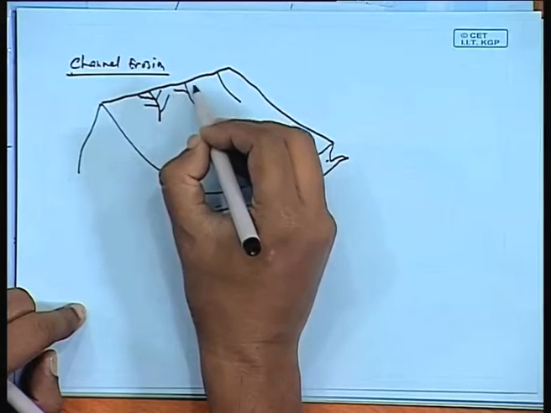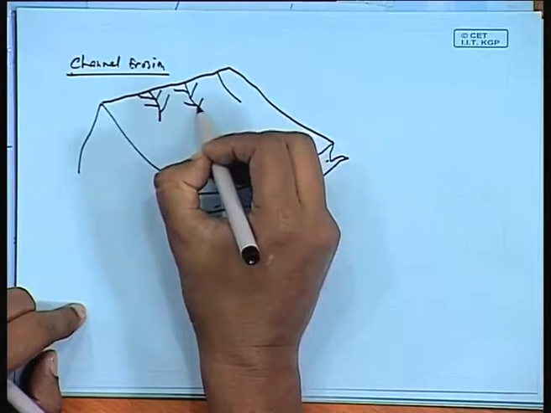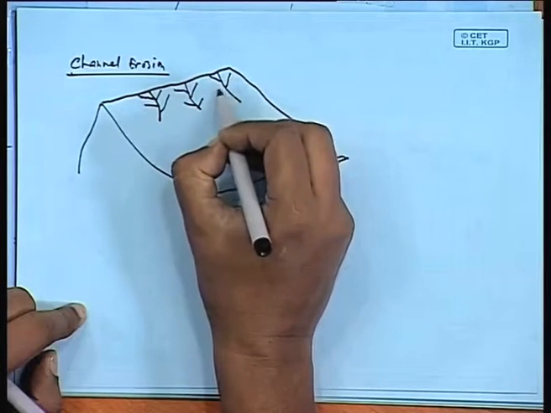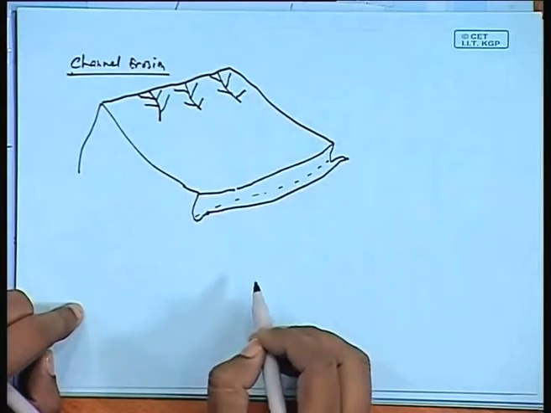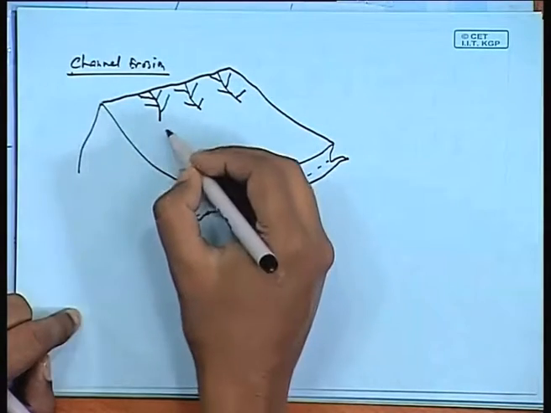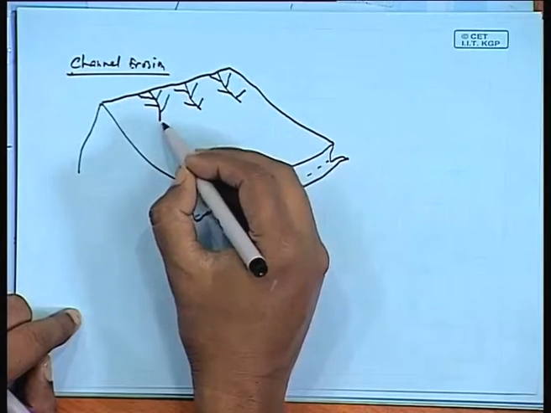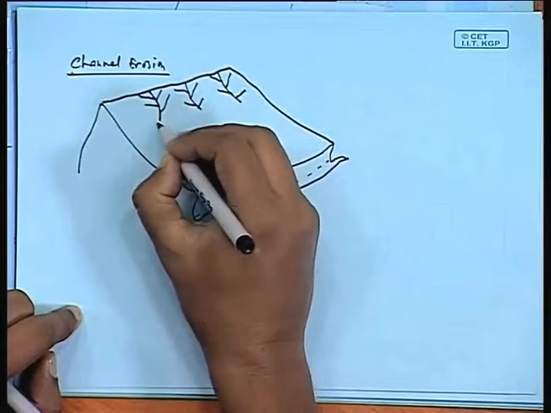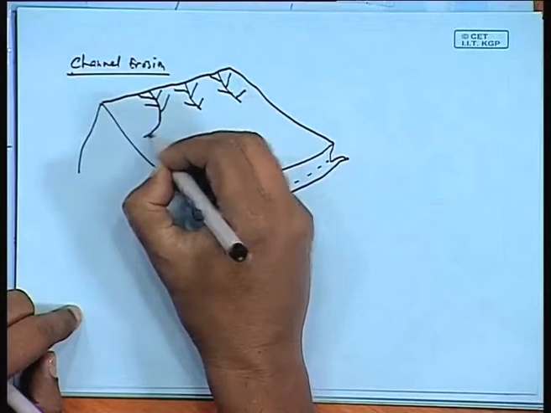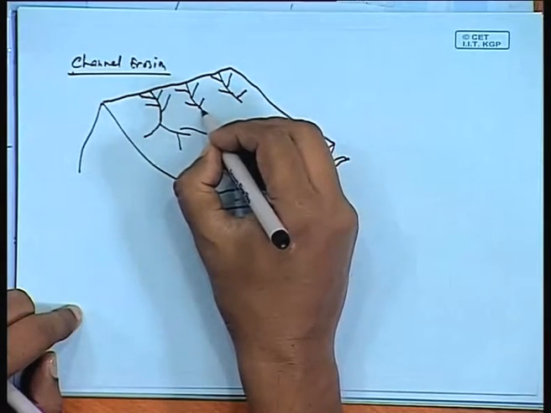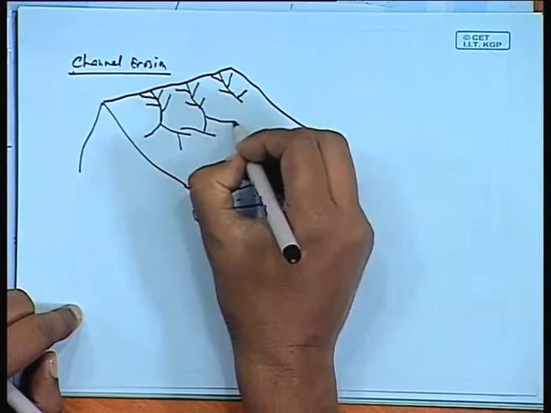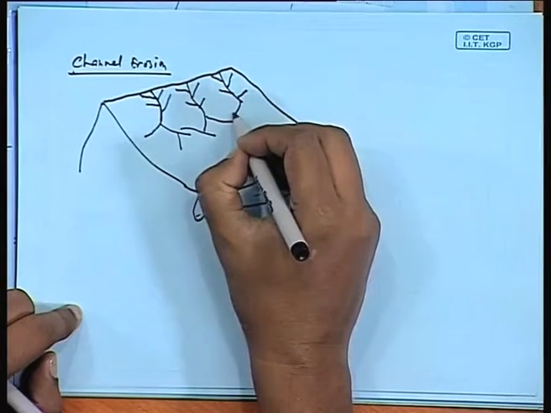Over time, they begin to expand, again take a turn and move like this, and again two channels combine together somewhere.